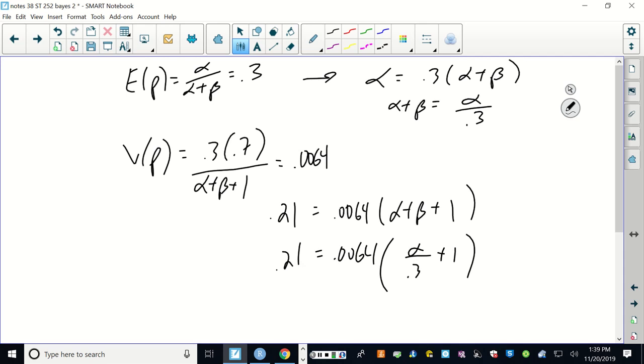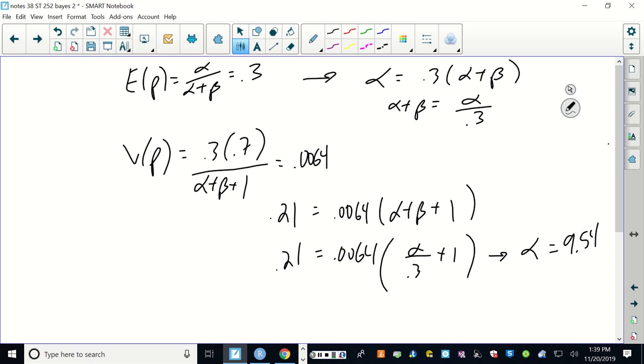If I do the algebra there, I get an alpha value of 9.54. Then if I go back to this equation and put the 9.54 in there, we just have beta.